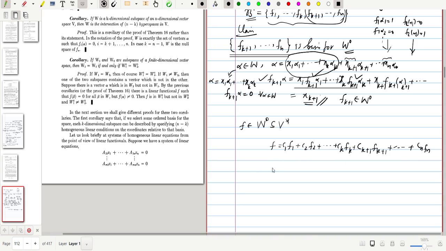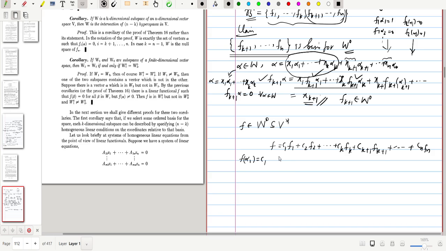Once you write this, you can find the coefficients c1, c2, etc. by evaluating this f on alpha 1, alpha 2, etc. Because if we evaluate f of alpha 1, that will be c1 times f1 of alpha 1, and the rest of them are 0, so this will be c1.